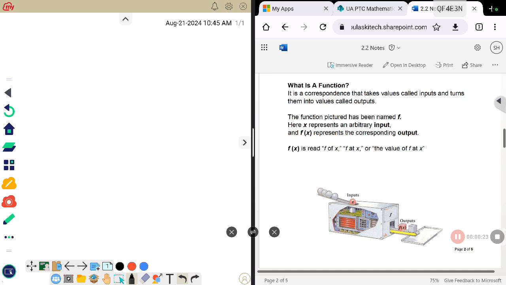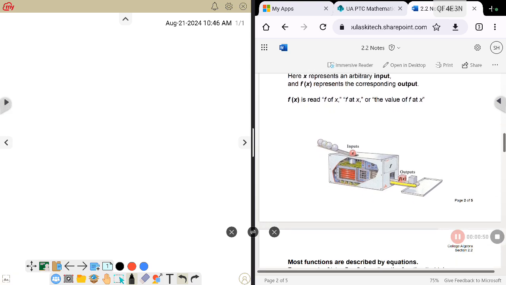Then the bulk of the machine does all this mathematical operation and outputs the y value, which is also called f of x. So your x value is your input. You do the math, and it outputs your f of x or y value. So let's look at how this works.